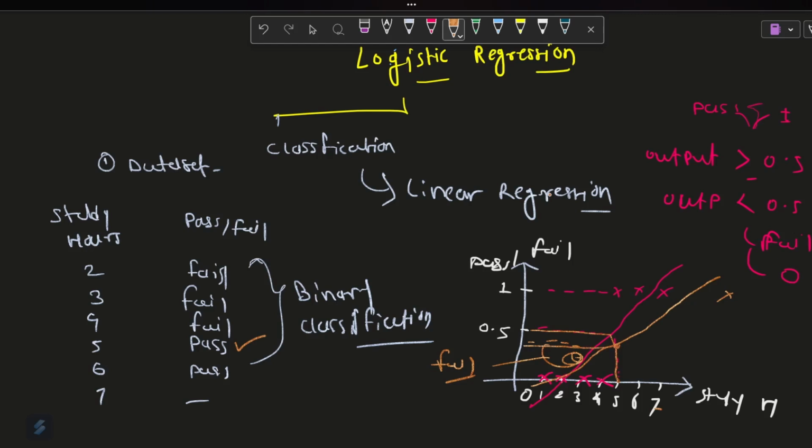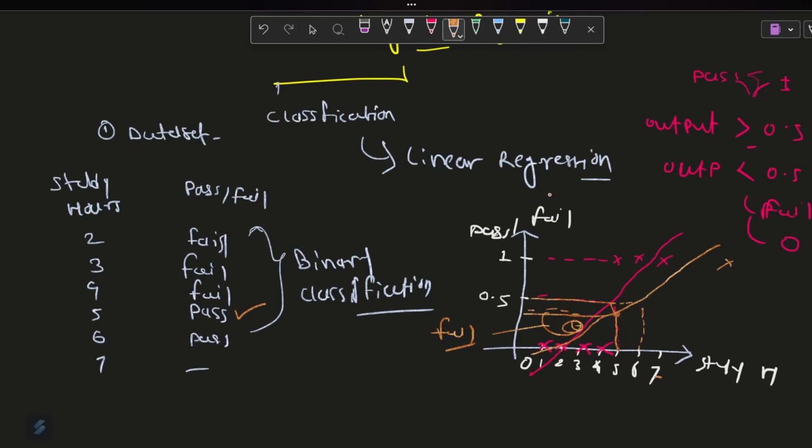And at 6 hours, you get a pass. This is the problem of squeezing of the line.